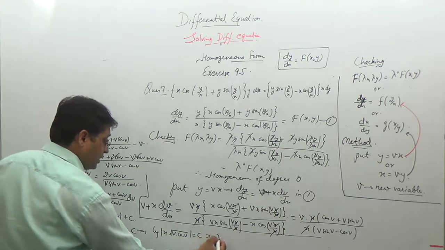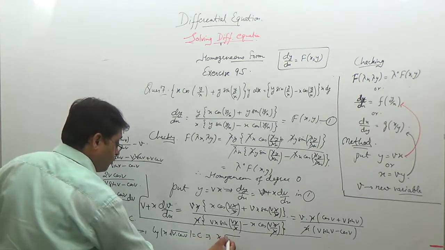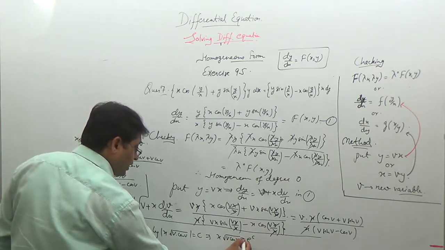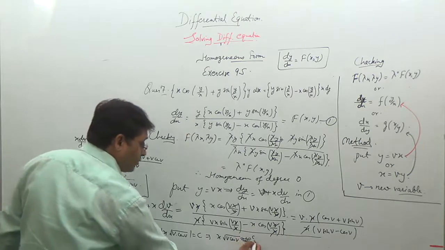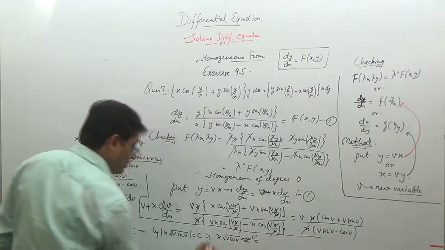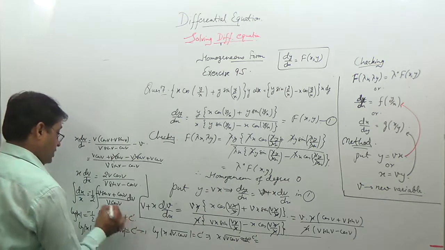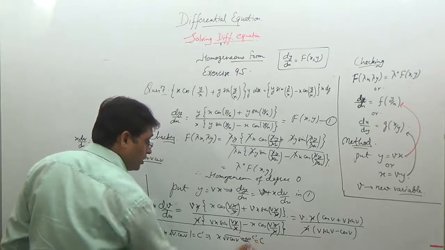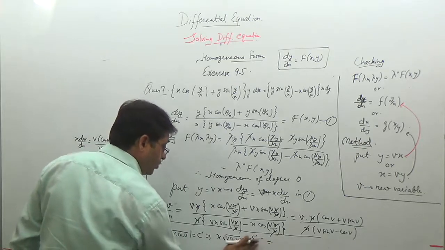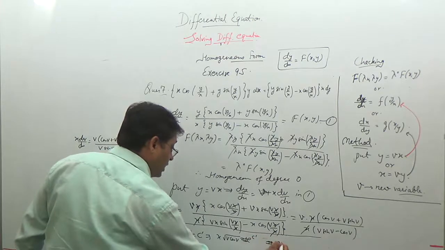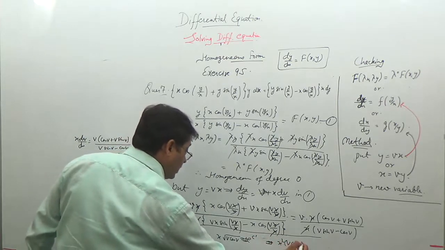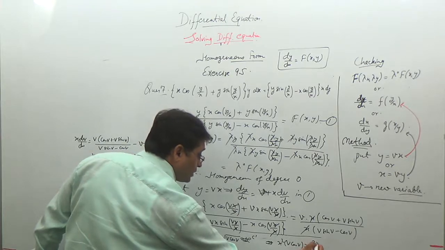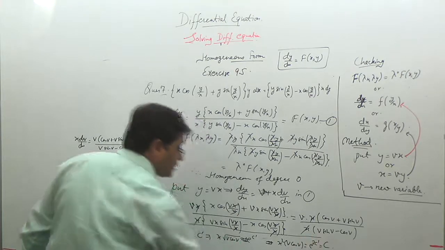So this can further be written as x under root v cos v is equal to e raised to power c, with plus minus sign, which can be taken as c dash. On squaring, you will write x square v cos v is equal to e raised to power twice c dash, which can further be written as c.